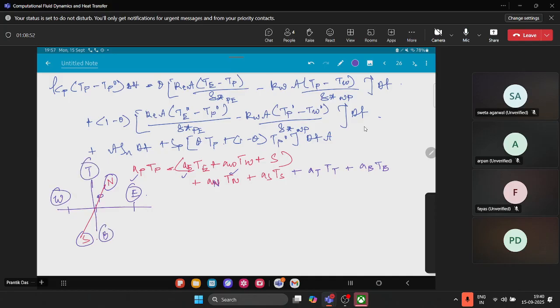This is your X direction, this is your Y direction, and this is your Z direction. This is one of the things you should take into account: whenever you write the equation, it should be convenient from the point of view of coding. If you can't generalize it, it will be very difficult for you to code. Is it clear to all of you?